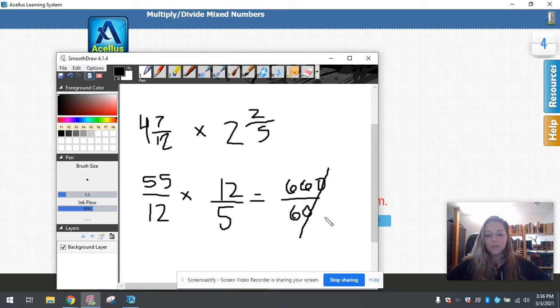Now, 66 and 6 are both divisible by 6. Or you could put this into your calculator. Go 66 divided by 6. You'll get 11. You get a whole number. There's no fraction or remainder or anything.